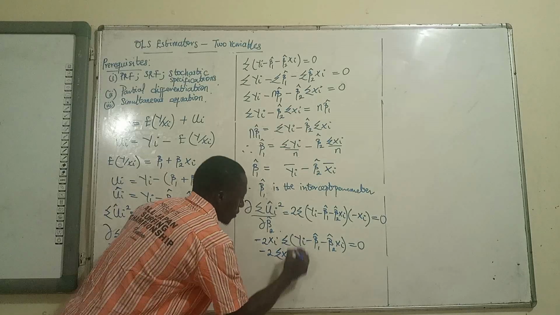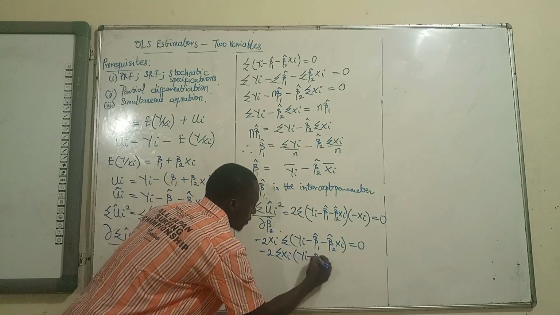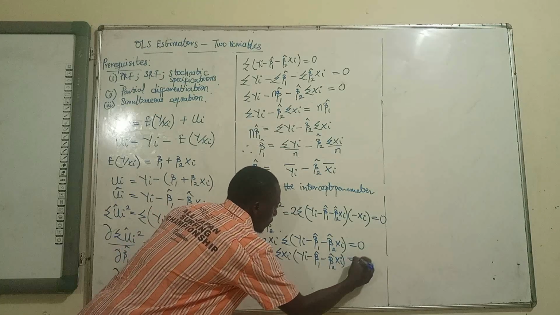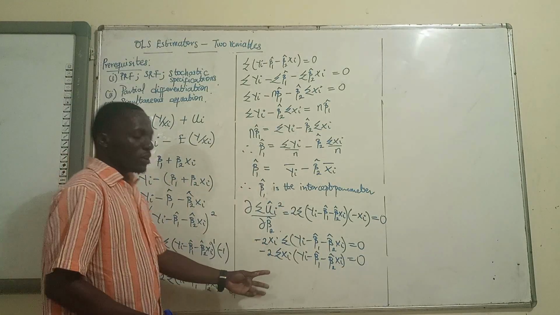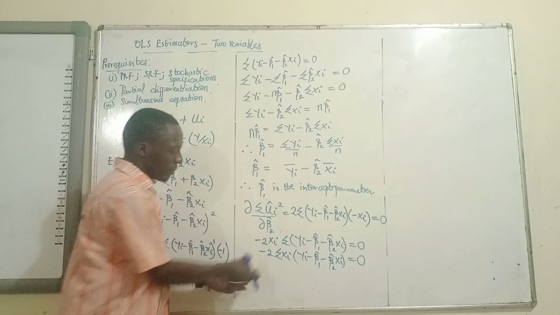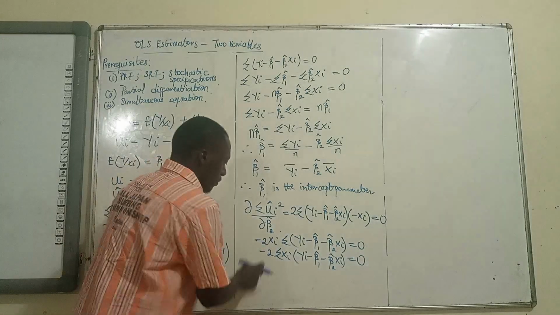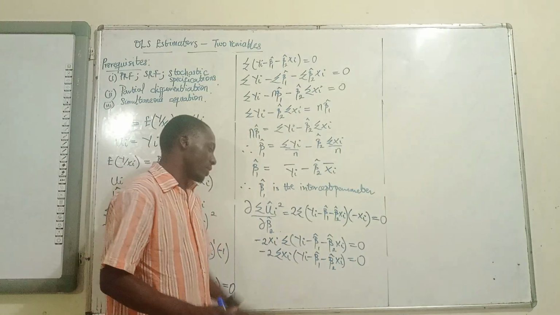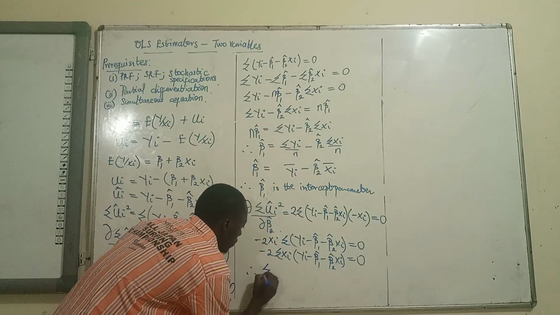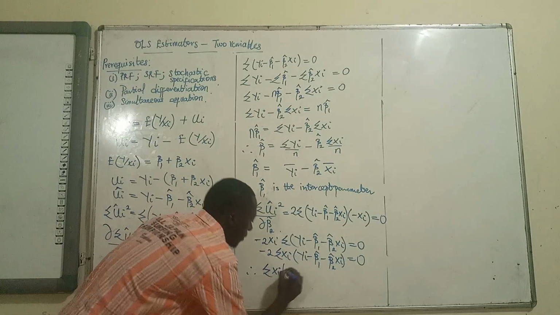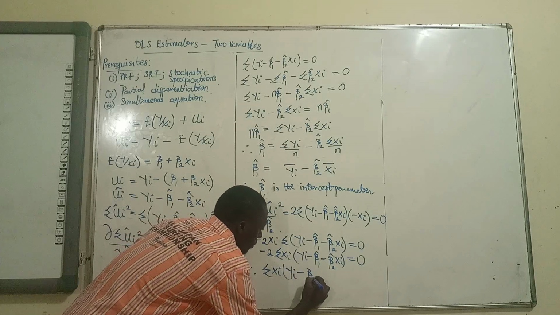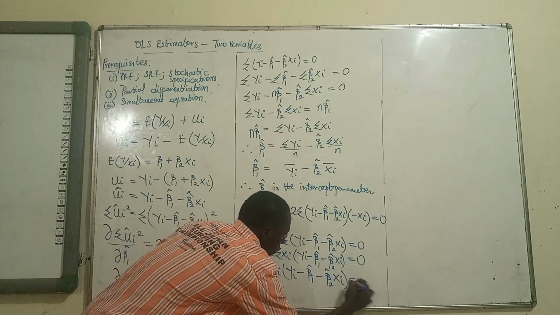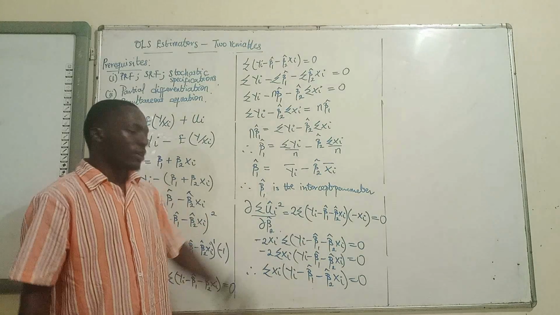We have this multiplied by yi minus beta 1 cap minus beta 2 cap xi equals 0. So having done this now, the next step is you divide both sides by this minus 2. So when you divide both sides by minus 2, you have 0 over minus 2 and that gives 0 automatically. Therefore, we have summation xi multiplied by yi minus beta 1 cap minus beta 2 cap xi equals 0. So let's open up this bracket and let's see what we have.